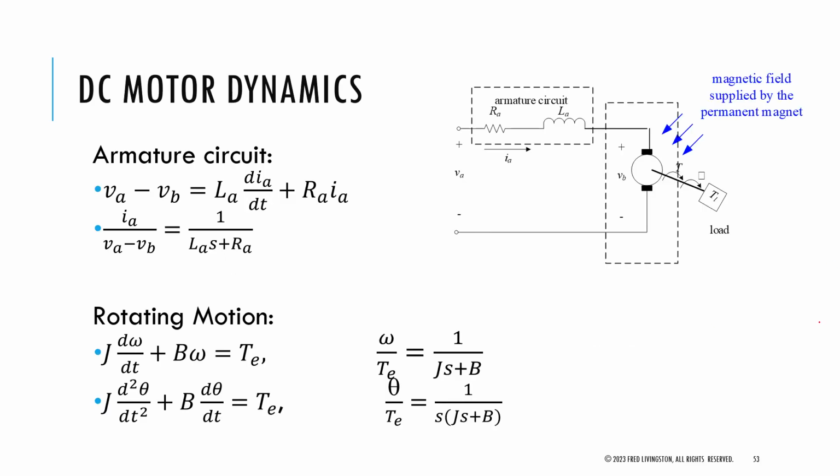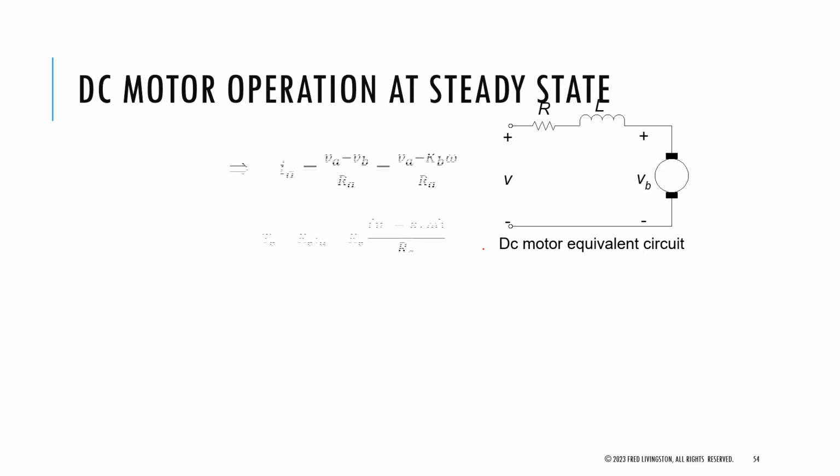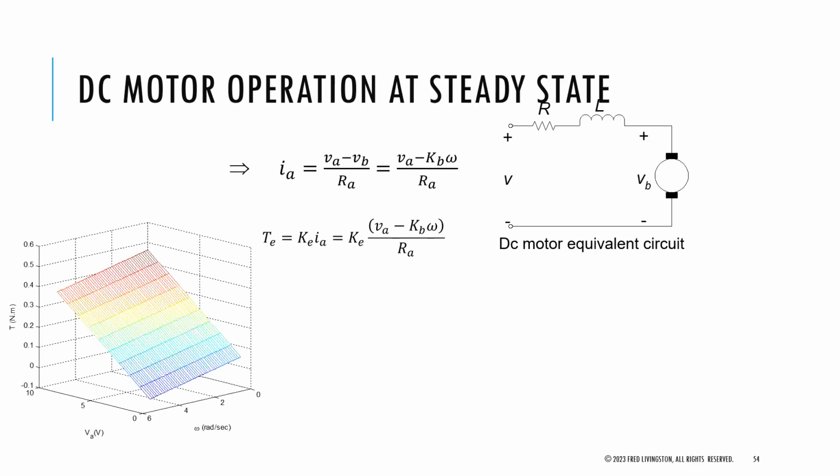We can find the relationship, given the load, of the speed of that motor given the voltage. You don't necessarily need these definitions, but you want to know the basics: as you increase the voltage, what happens to the velocity, or what happens to the torque? What's the relationship between voltage and velocity, and between torque and velocity?